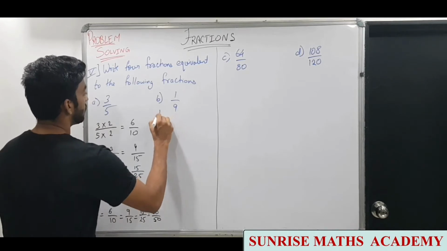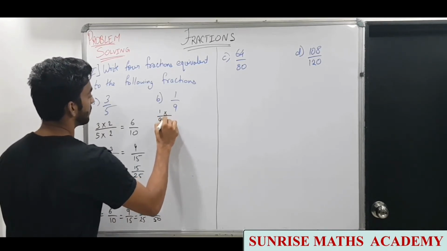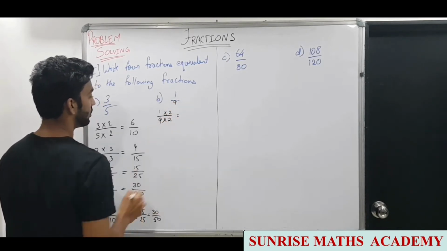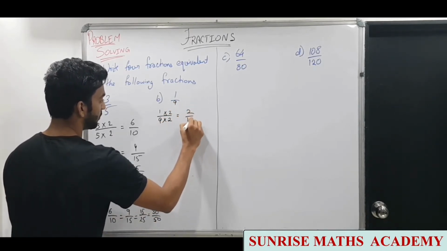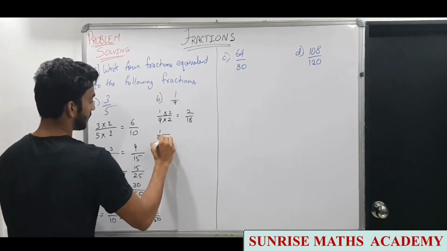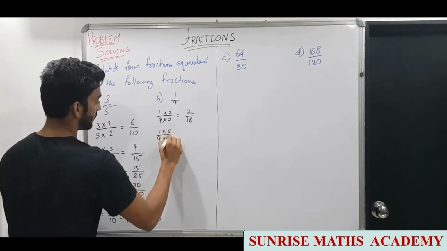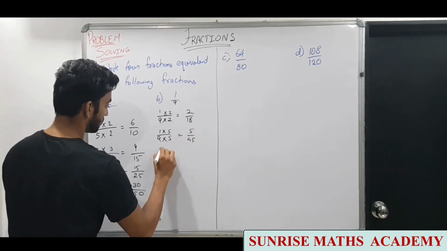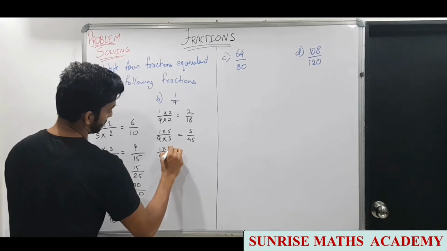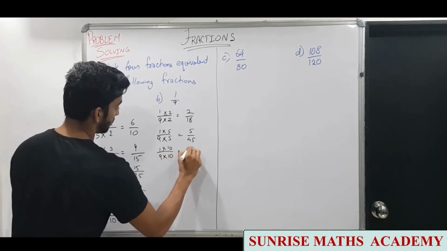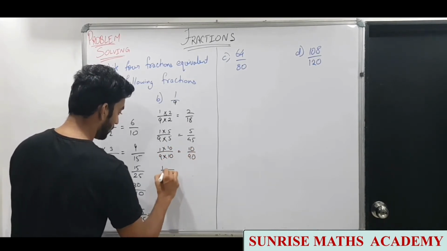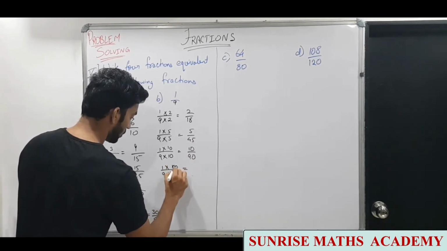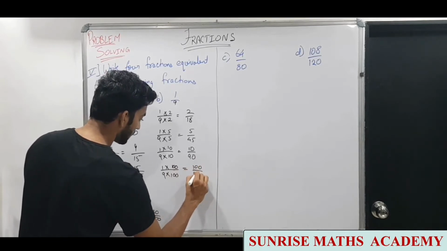Next fraction is 1 upon 9. So multiplying both numerator and denominator by 2, the same number. Then 1 upon 9 into 5, so 5 upon 45. 1 upon 9 into say 10, so 10 upon 90, and 1 upon 9 into 100, so 100 upon 900.